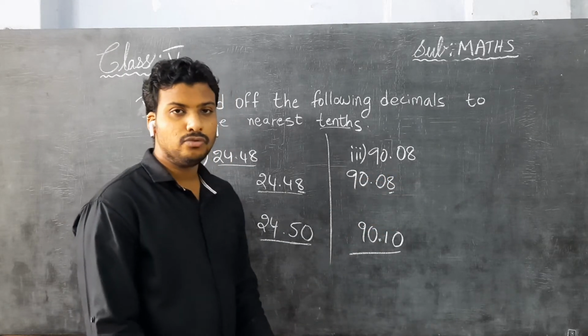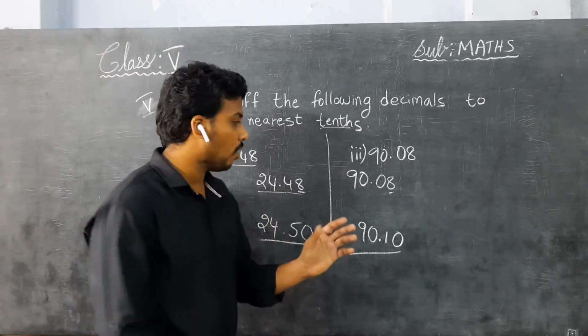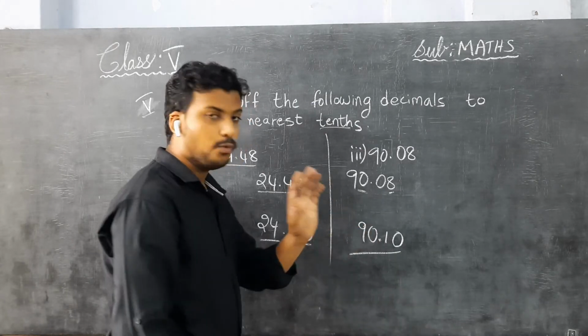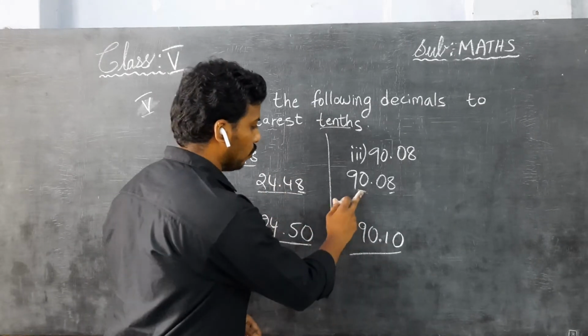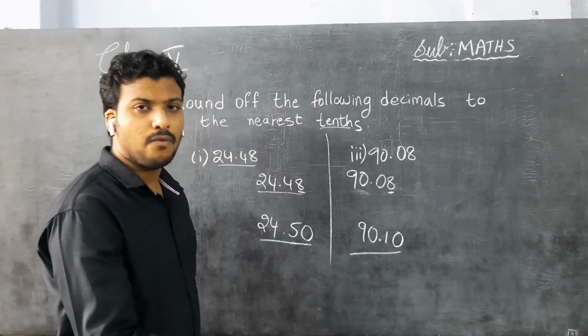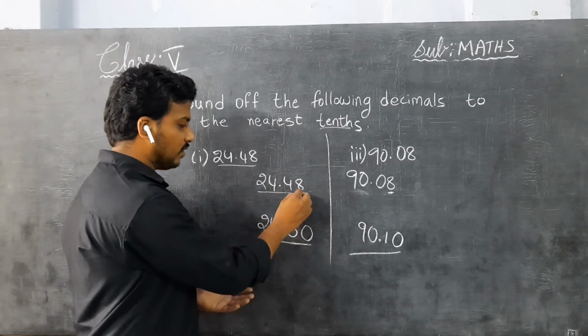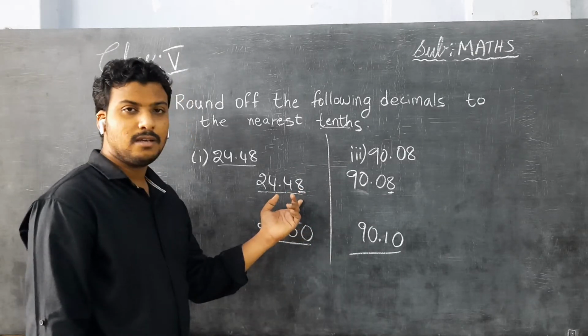If you want to round off to the nearest tens, they ask only for the nearest tens, not for the ones. So here the value 8 is more when compared to 5. In this case also, the value 8 is more.